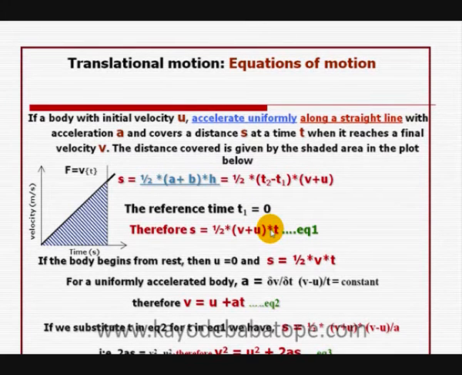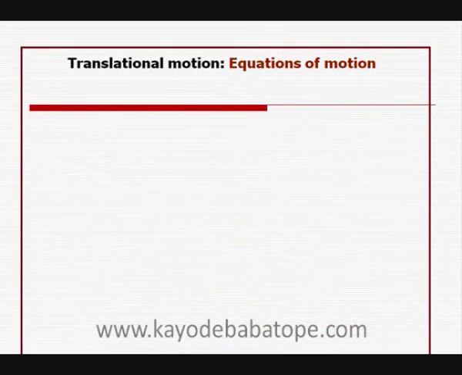And then in equation 2, we have V equals to U plus AT. So what we want to do now is to substitute V from equation 2 and put it here as V in equation 1. So that will give us S equals to half times, instead of V here, we will have U plus AT, then plus U. That is what we are trying to do now.